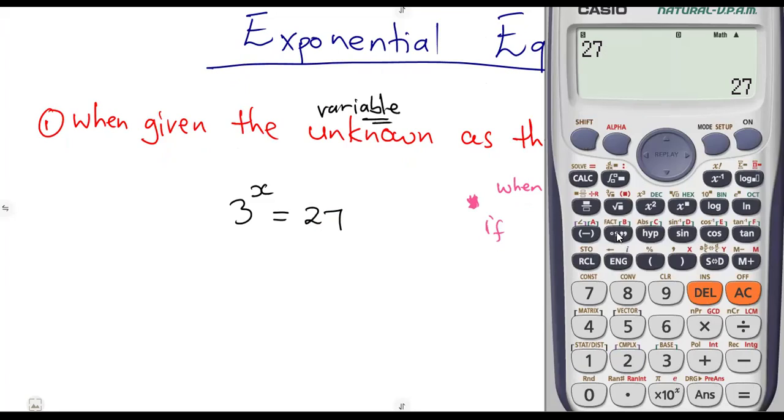So look here, it is giving you the answer. 3 to the exponent of what? Of 3. So if I see this 27, I know it is 3 to the exponent of 3.